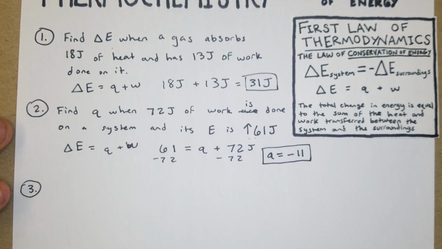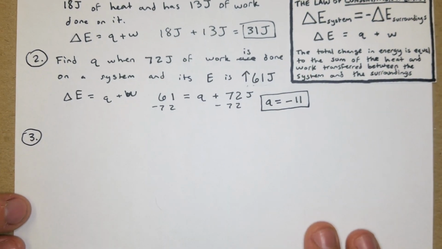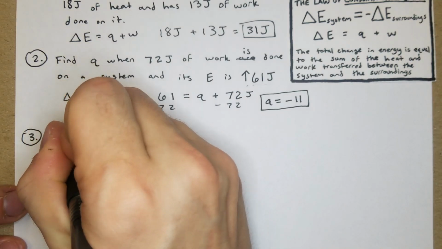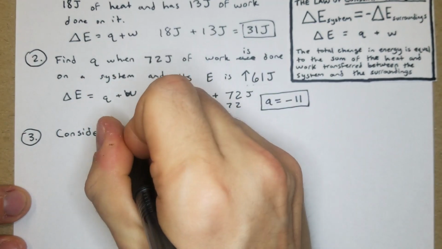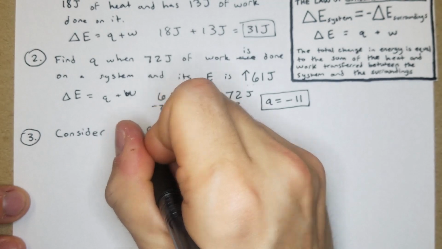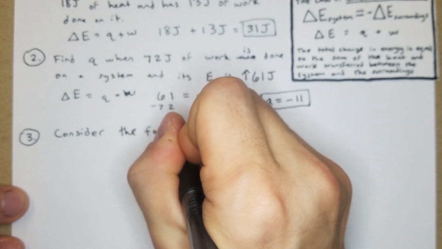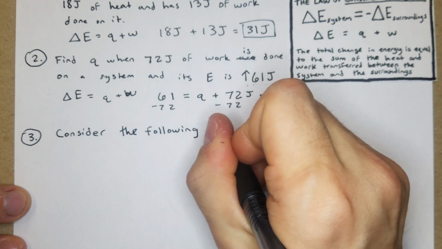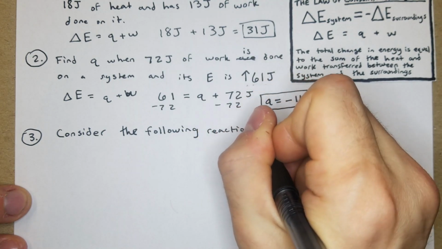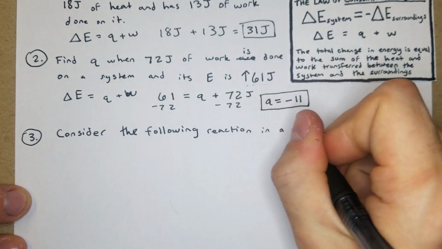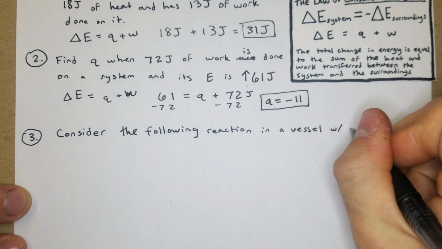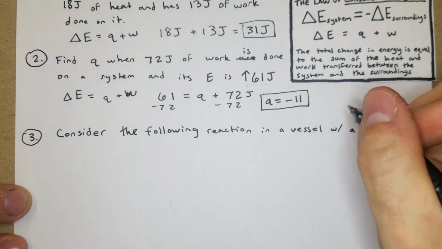So now we're moving on to number 3. We'll have this one be a little bit more complex. Okay, so consider the following reaction in a vessel with a movable piston.